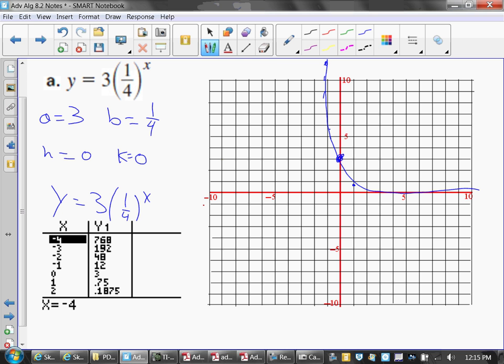Okay. Yes. In your y values and stuff? Yeah. You get to change the mode. No, that's what you put it in.